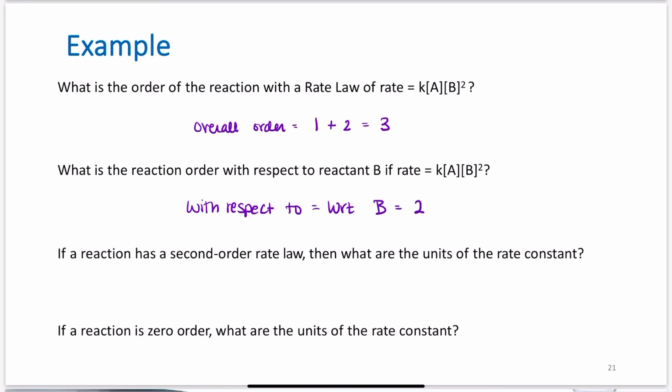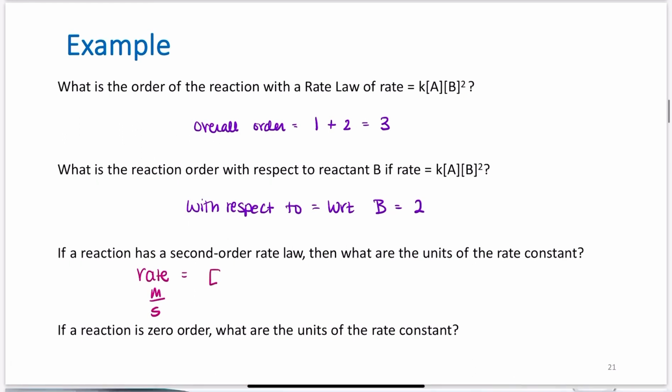If the reaction has a second order rate law, then what are the units on the rate constant? Great question. The rate itself always has units of molar per second. If something is second order, that means I either have something where it's a quantity squared, or I could have rate equal to the concentration of A times the concentration of B. Both of those would be second order.